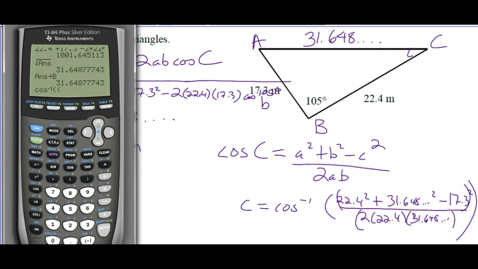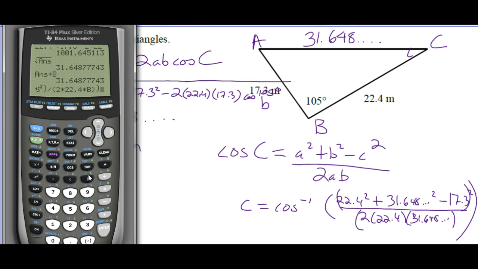Okay, so I got the bracket down, so it's 22.4 squared plus b squared, right? So I would say alpha b, so I bring in the value that's stored in b, minus 17.3 squared, close the bracket, divided by, open the bracket, 2 times 22.4 times, I need b again, close bracket, close bracket.